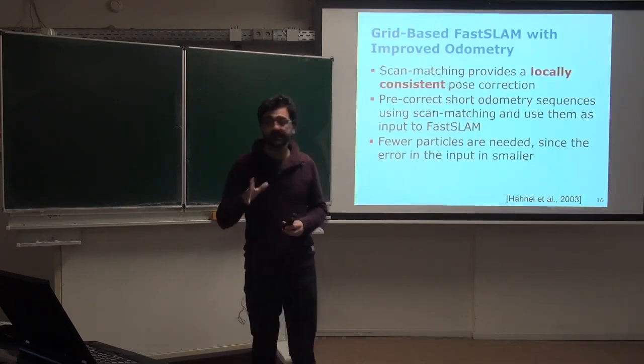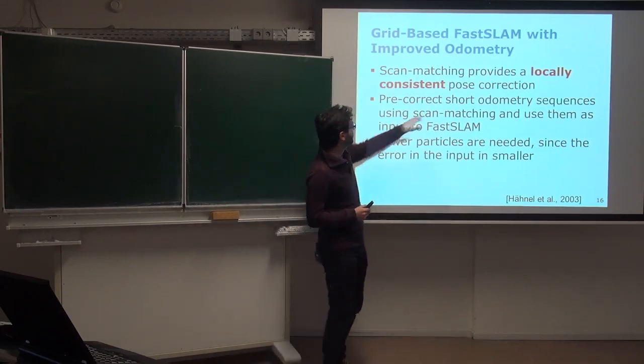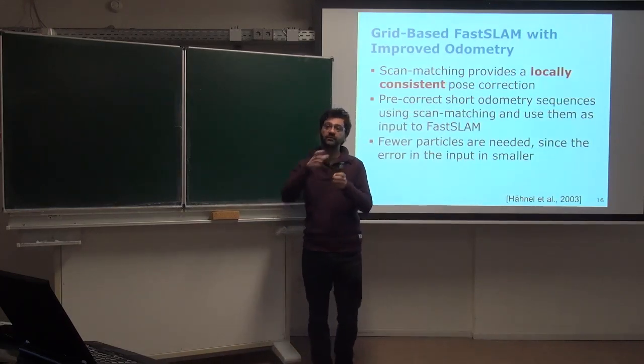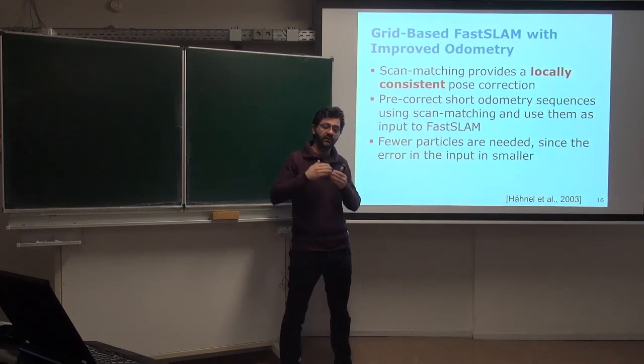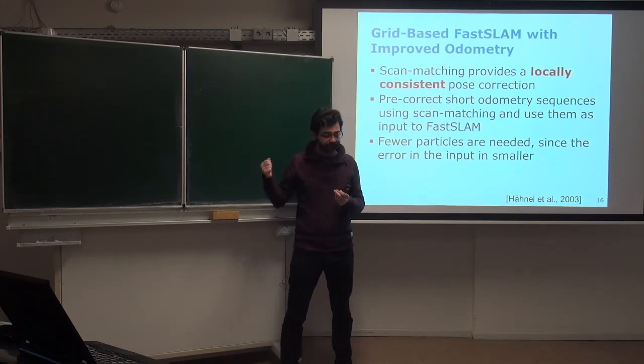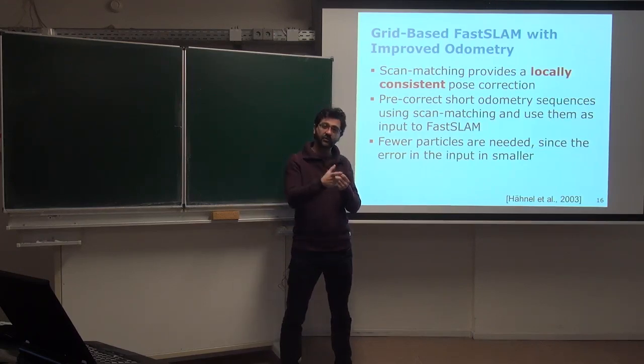So the idea is that we can pre-correct small odometry sequences over time, and then treat this small sequence as an improved odometry measurement, and use it as our virtual motion model, okay? So instead of only considering what the wheel encoder tells me, I consider the measurements for a short sequence, assume that this is my motion, and use this as my motion, okay?